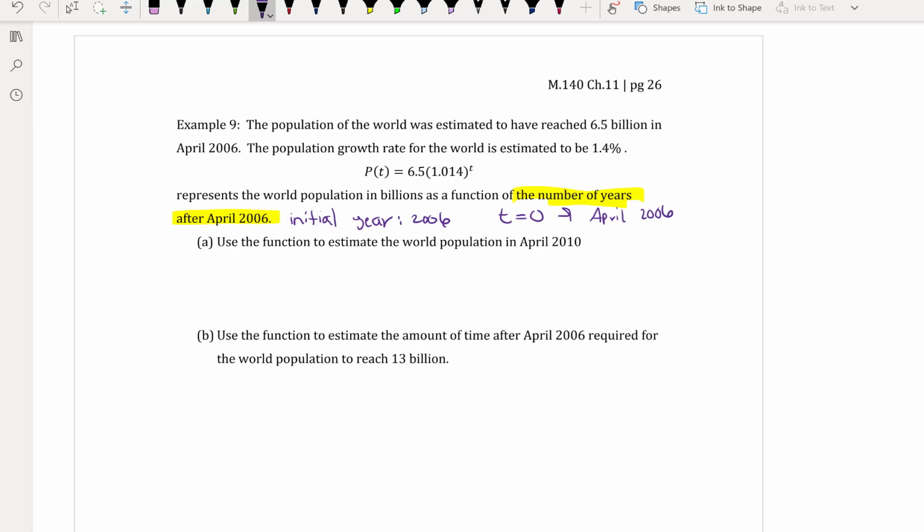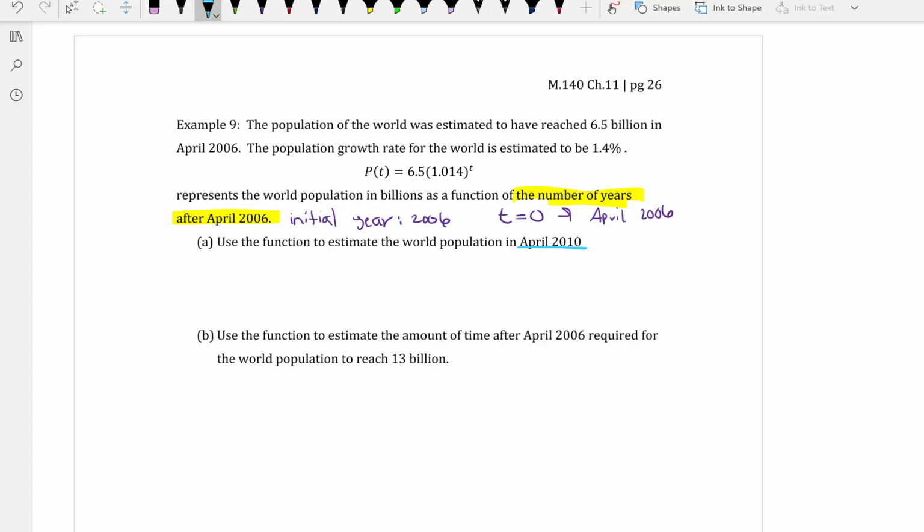So everything refers back to April 2006. There's no 2005, 2001, 1990, 1980, 1950s, 1920s, 1900s. The first date in this word problem that exists is April 2006. So everything is going to be in reference to April 2006.